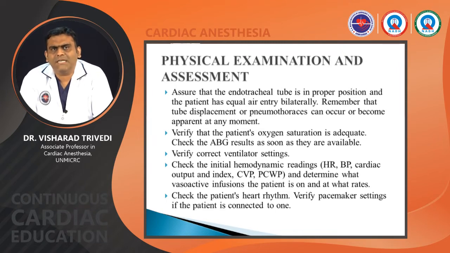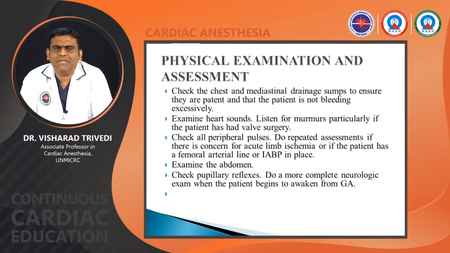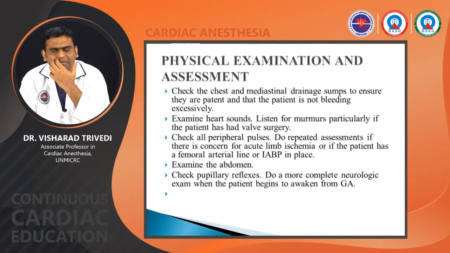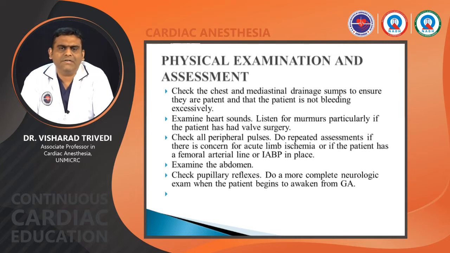Check the patient's heart rhythm. Verify pacemaker settings if the patient has some arrhythmias or some kind of block. Check the chest and mediastinal drainage for adequacy of drainage and patency of the tubes. Examine the heart sounds, look for any murmurs or clicks if it is a case of valve replacement.